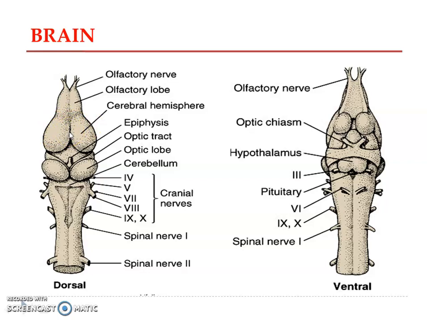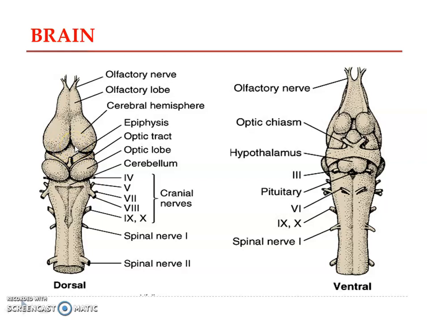And similar to the rhinocele in the olfactory lobe, you can see here another ventricle, the lateral ventricle, in each of the lobes. Now posterior to the cerebral hemisphere, you can see the diencephalon.